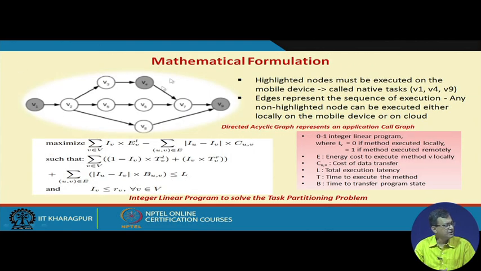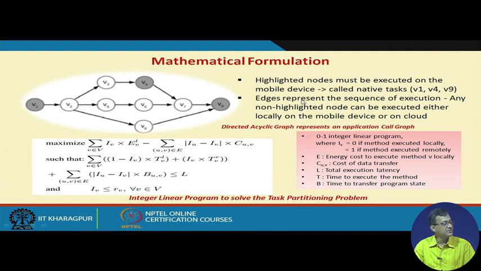If we look at that a little mathematically, we have an execution graph. Out of that, V1, V4, V9 in this case are native tasks, that means they need to be executed in the device itself. I cannot offload them. So, the highlighted nodes here must be executed on the device. Edges represent the sequence of execution.